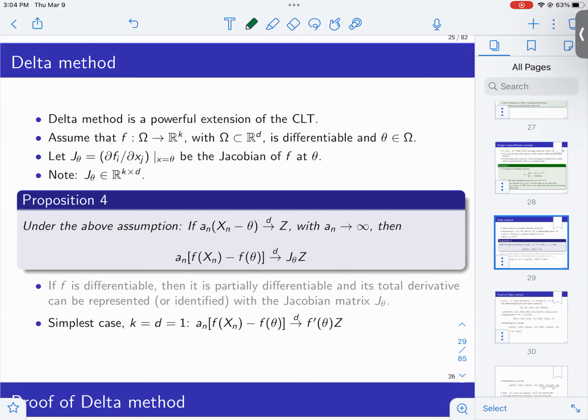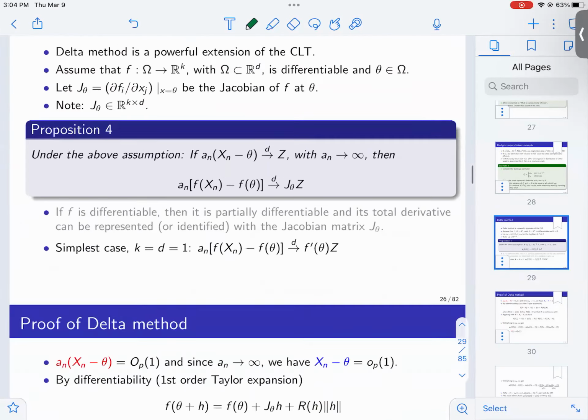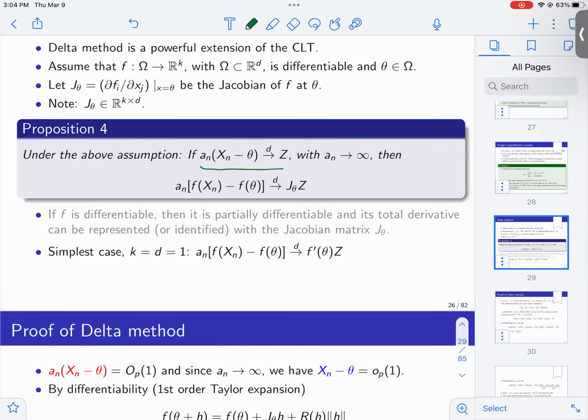The delta method is another powerful extension of the CLT, which again is proved by Taylor expansion. The idea is that I have a sequence of, not necessarily estimators, just any statistics, and I have some sort of limit theorem for the sequence. a_n could be root n, for example, often, but a sufficiently general result holds for any sequence a_n that goes to infinity.